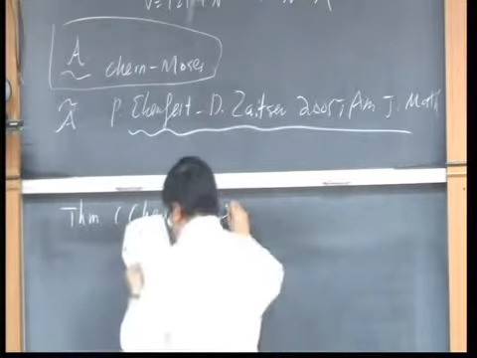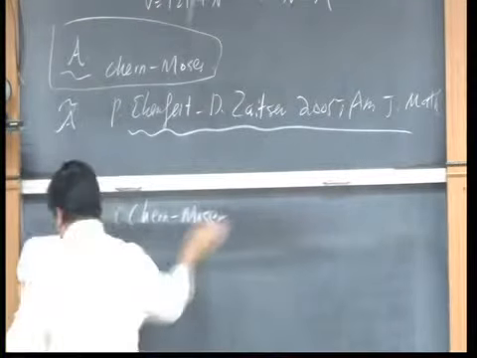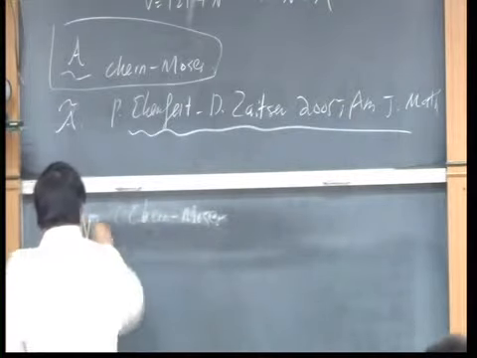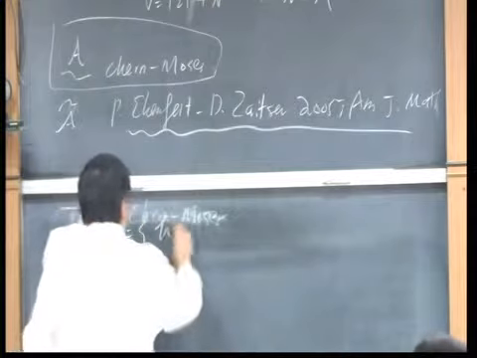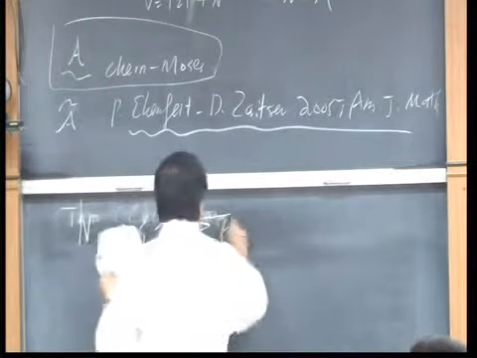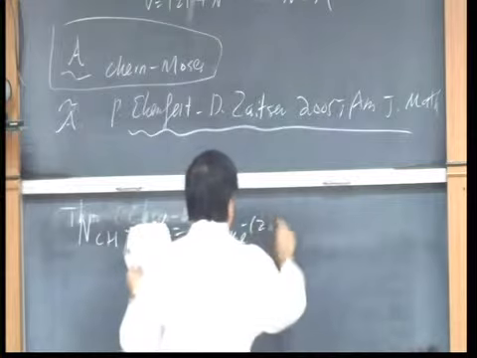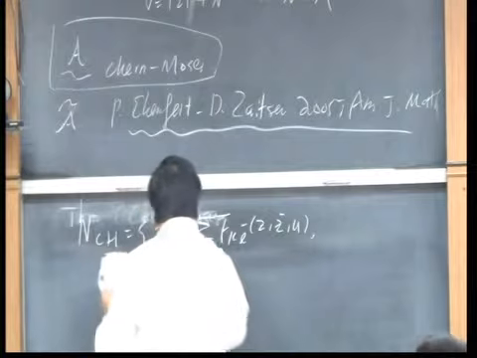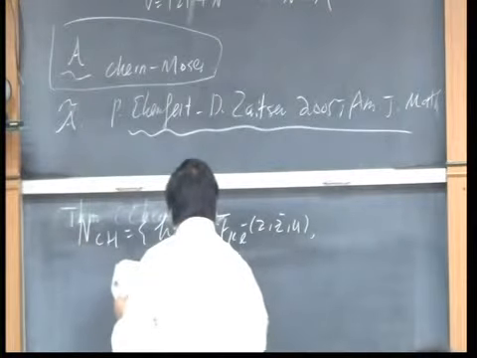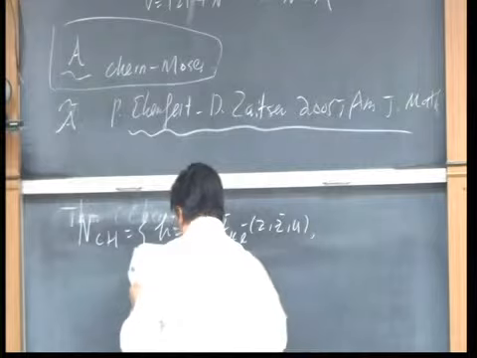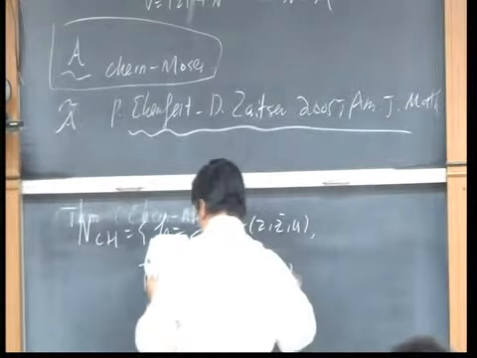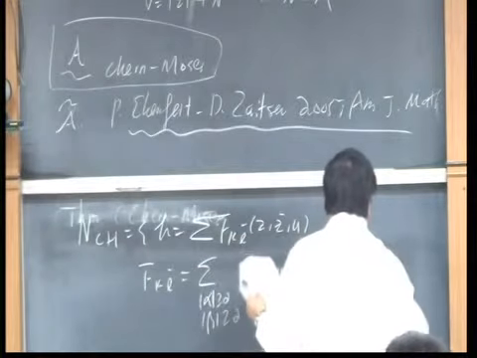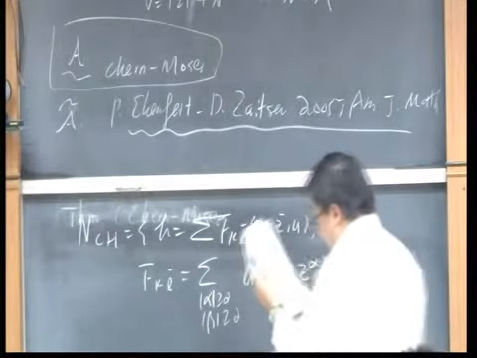Before I state it, let's define the Chern-Moser normal space. N_CM is a collection of polynomials F_kl in z, z bar, u, where F_kl is the sum over alpha at least 2, delta at least 2 of A_alpha,delta bar(u) z^alpha z bar^delta. We assume that all these are real valued.